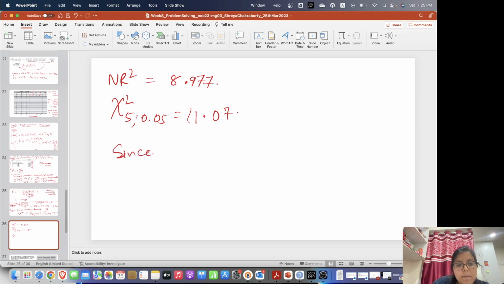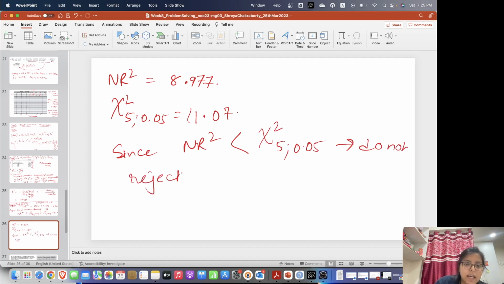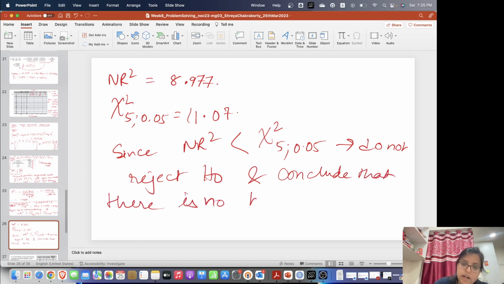So since nR square is less than the critical point, thus we do not reject H naught and conclude that there is no heteroscedasticity in the model.